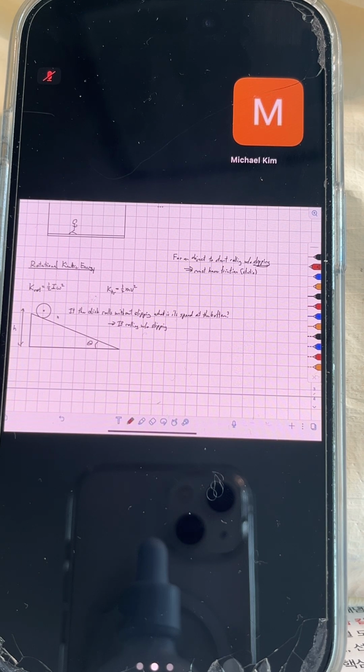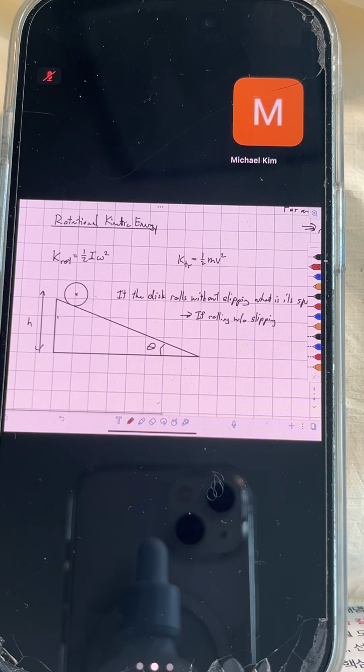And so if I were to draw my force diagram for this thing, I've got my force of gravity, I've got my normal force, and then I'm going to have a force of static friction.